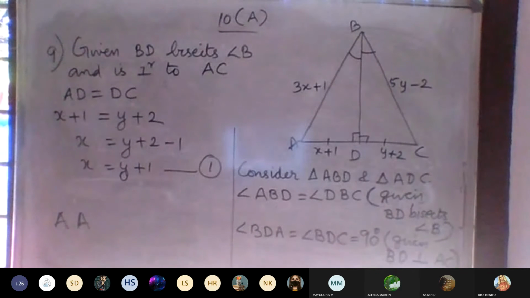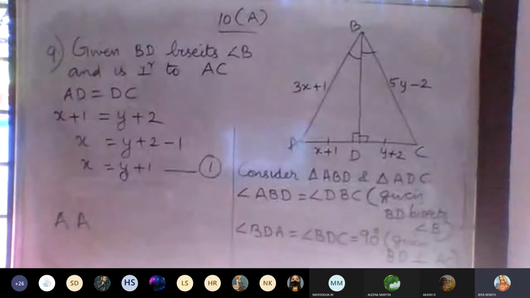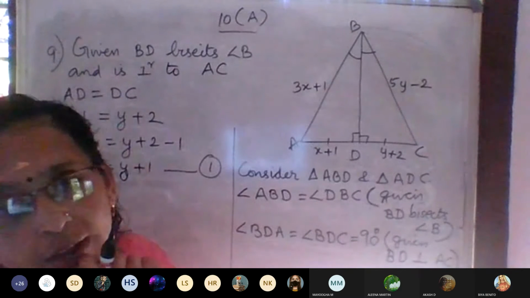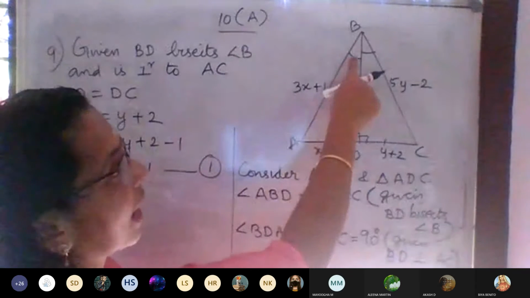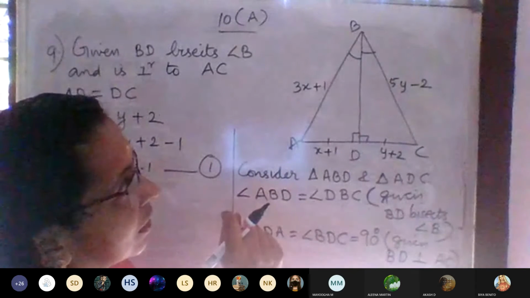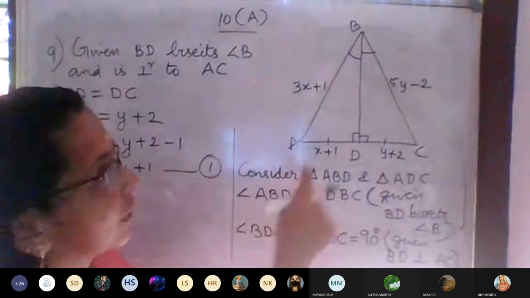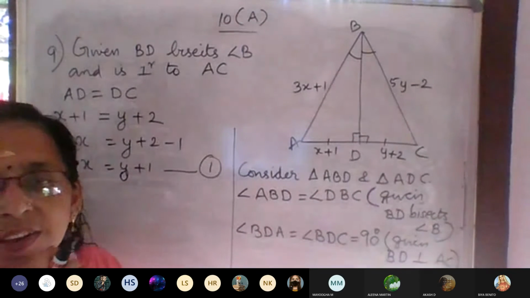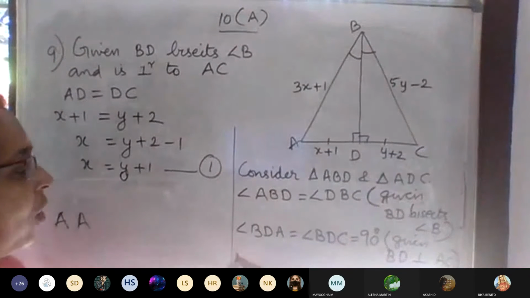Then AD is equal to DC. Why did we write that AD is equal to DC? Using the concept of which one? Since angle B bisects, that's why opposite of that. Don't write that. One more is there, without that. BD, don't write common.